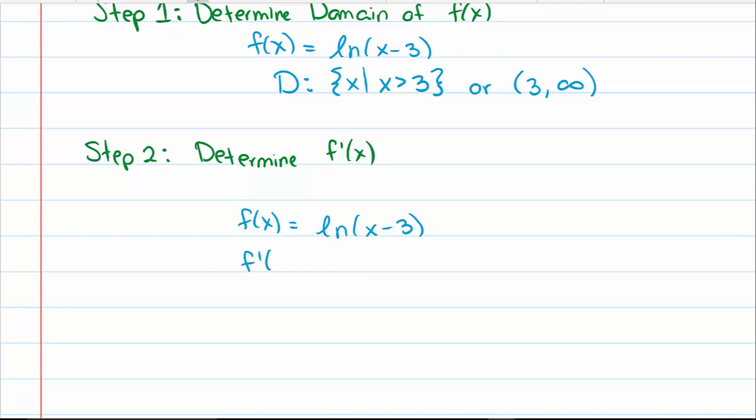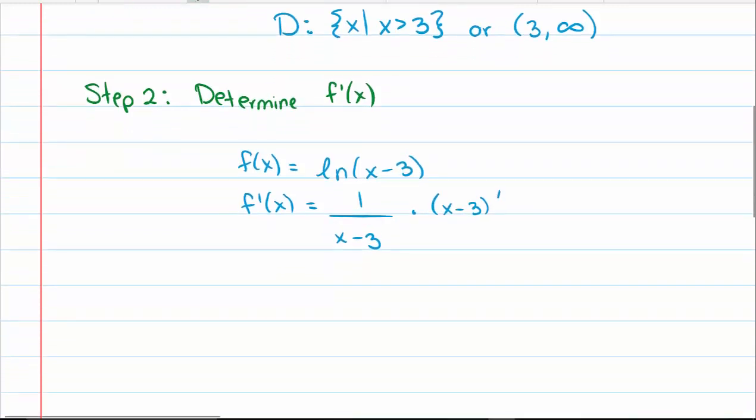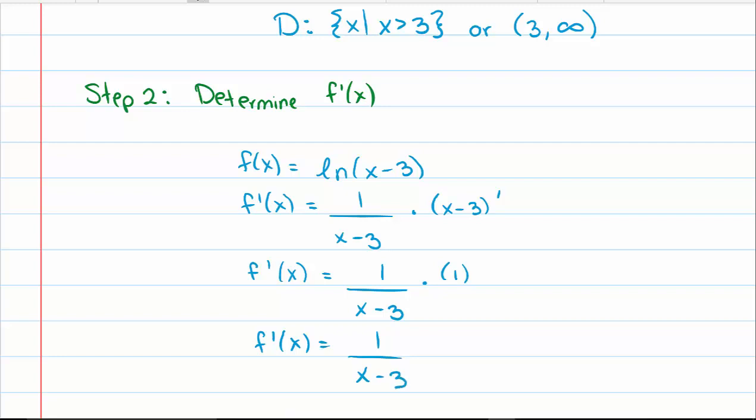So f prime of x is equal to 1 divided by x minus 3 times the derivative of x minus 3. So we get f prime of x is equal to 1 divided by x minus 3 times 1. So f prime of x is 1 divided by x minus 3.